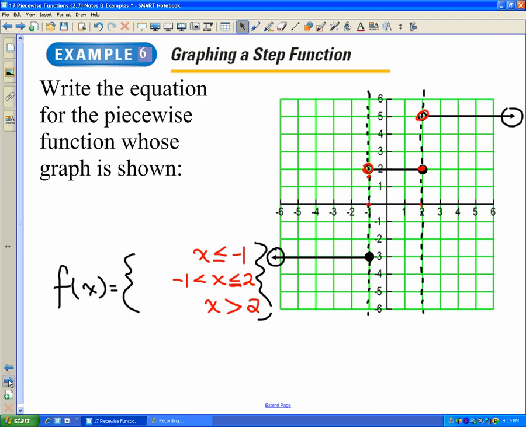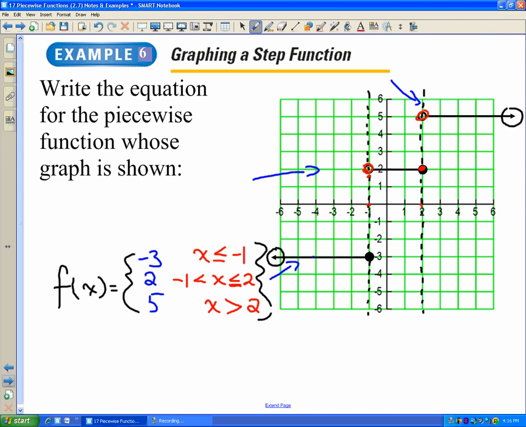What is my function, my ranges? Where my y here is -3. So here I'm going to be at -3. Here I'm going to be where I'm at 2. And here I'm up here at 5. So my step function is -3 when x is less than or equal to -1, which is this line.